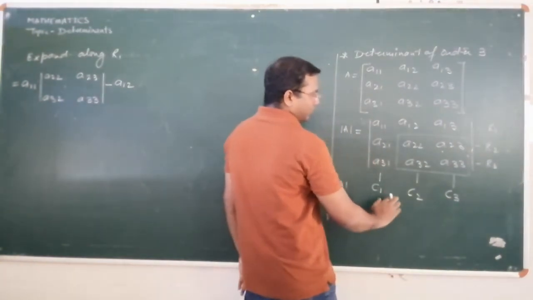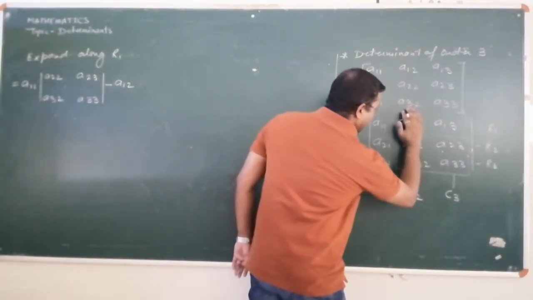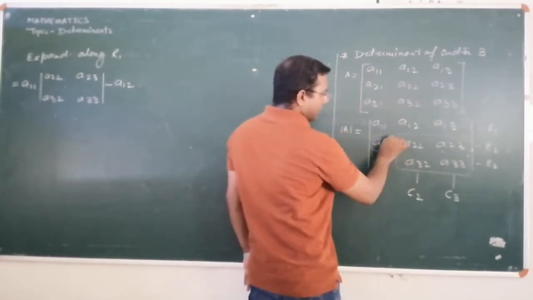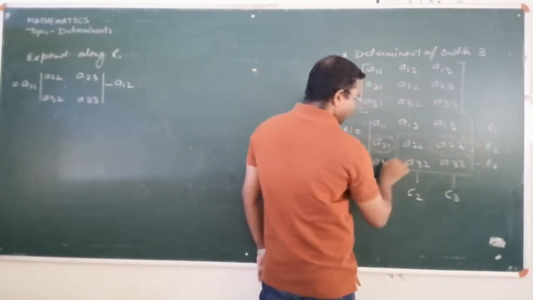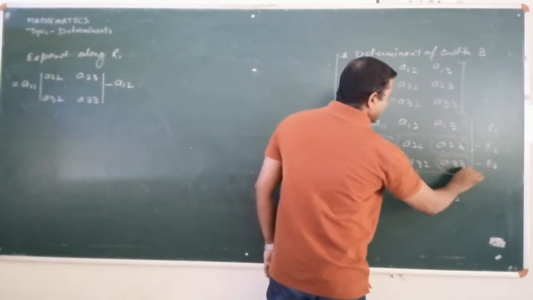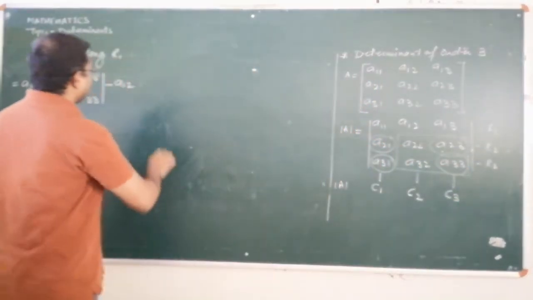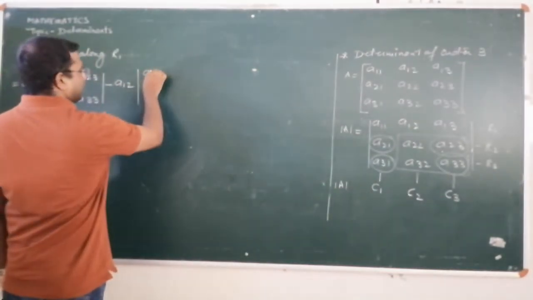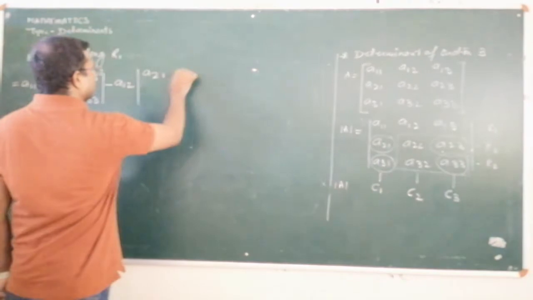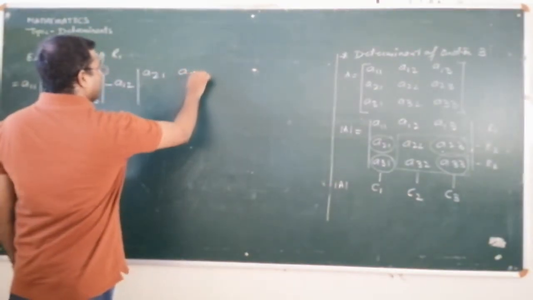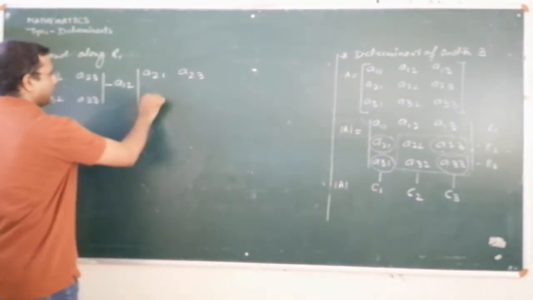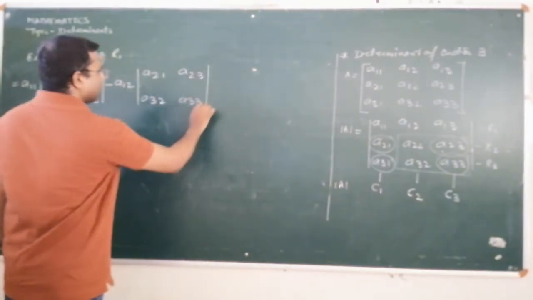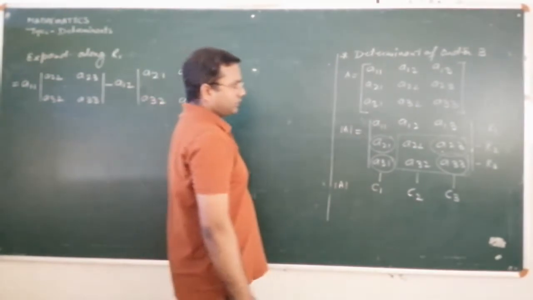So what you will have to do as per the procedure, you will hide the second column and the first row. Remaining elements are these four, which I am writing again in the form of a determinant. It is A21, this is A23, this is A32, A33.